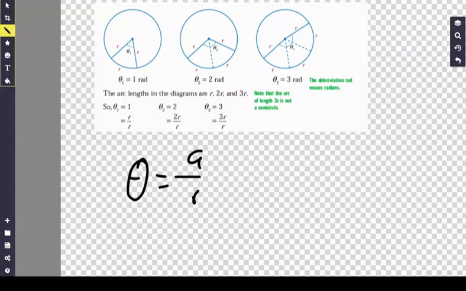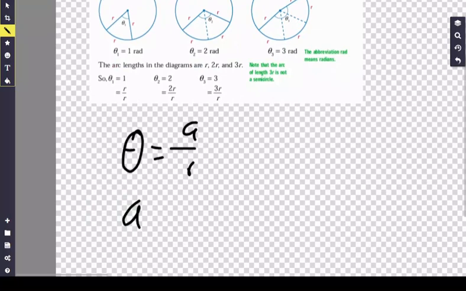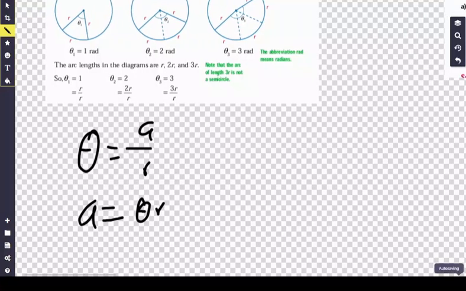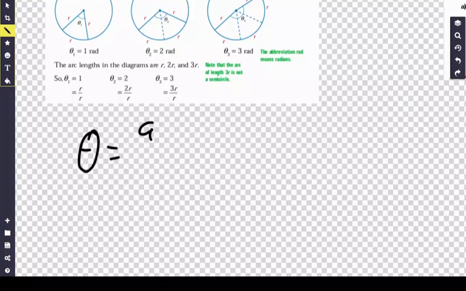You can see r over r gives us theta, 2r over r gives us 2 theta, and so on. So if we want to isolate and find the arc length, we actually just have to do this. Remember, A is arc length, and R is radius. Okay, so let's go ahead and apply this formula.